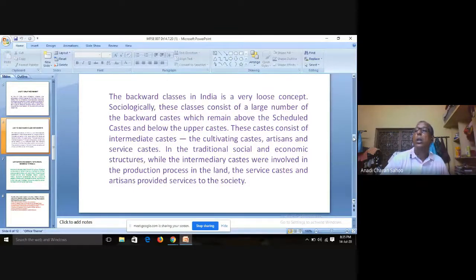Not all intermediary castes, which are now identified as OBCs, belonged to the inferior groups so far as their position in the agrarian structure was concerned.